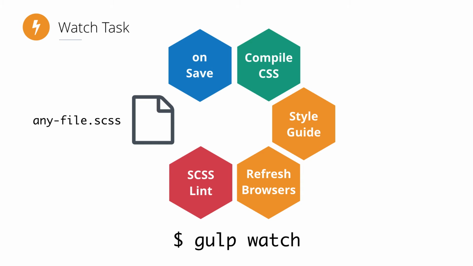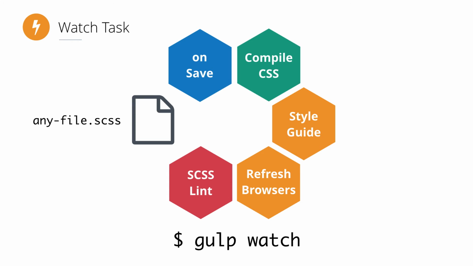But what's really awesome about Gulp is that it's asynchronous tasks. So basically some of these tasks, like compiling the style guide on this crappy ancient laptop, takes like 5 seconds. So that might be kind of annoying if you're not even working on the style guide, you're working on the front end of your website. But because Gulp is asynchronous, the CSS compile would probably be like 1 second or 2 seconds, and they run at the same time.